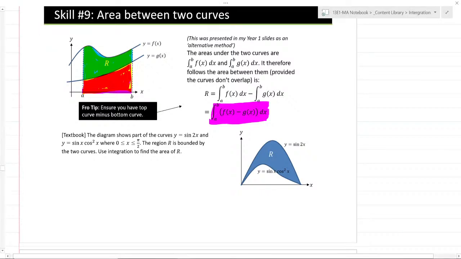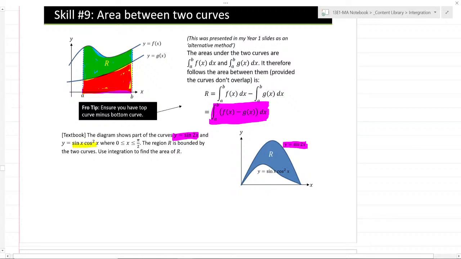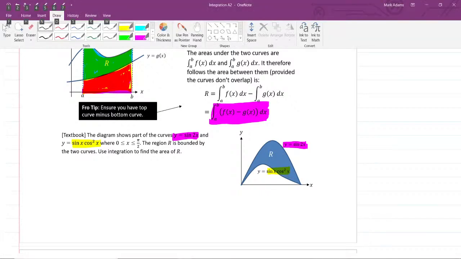So this is our first one, isn't it? This is our top one there, which is this top one here. This bottom one is this one here. Now you could write it like this if you wanted to.